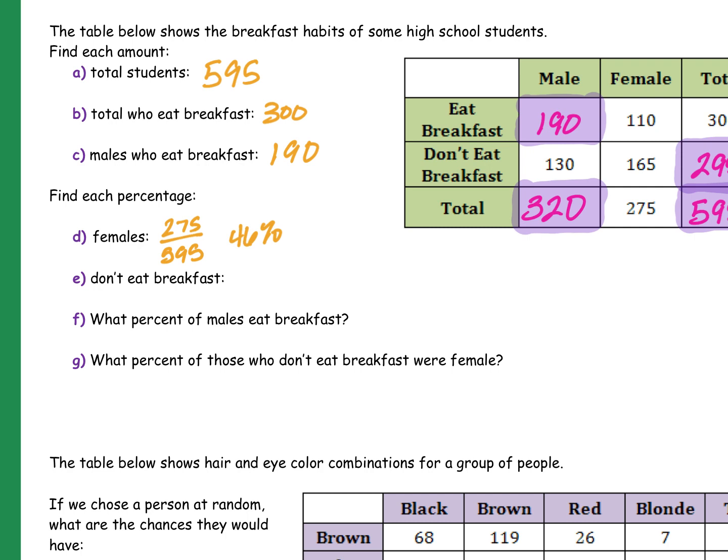How many people total do we have? 595. So what percentage is that? 0.49, so 49%. Good.